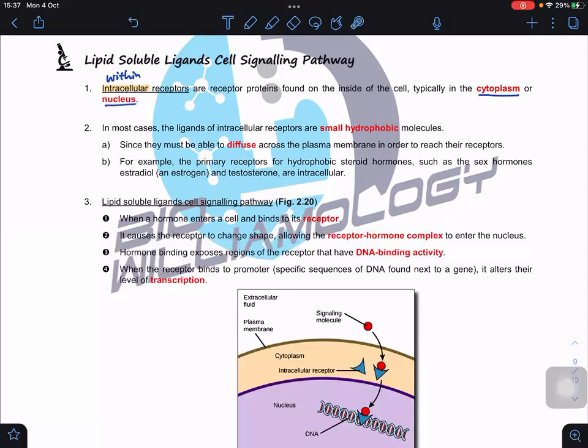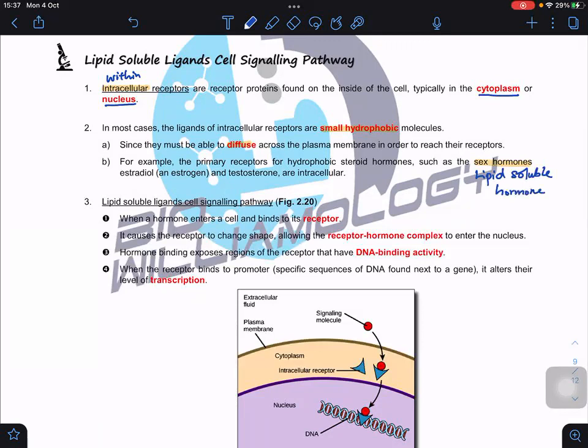In this case, the ligands are small hydrophobic molecules, so they can diffuse across the plasma membrane to reach their receptor. Particularly, you can see this for the sex hormones, which are steroid hormones, or what we call lipid soluble hormones.